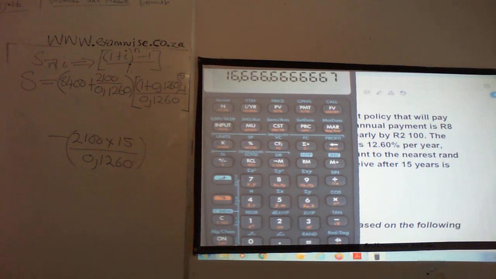Then after that, we are saying plus 8,400, and then equals.